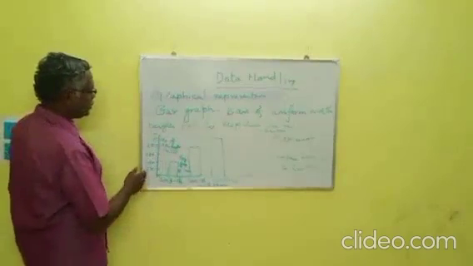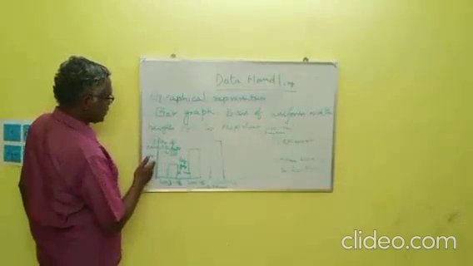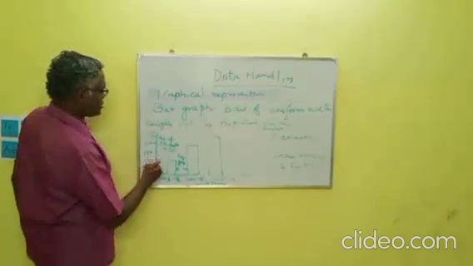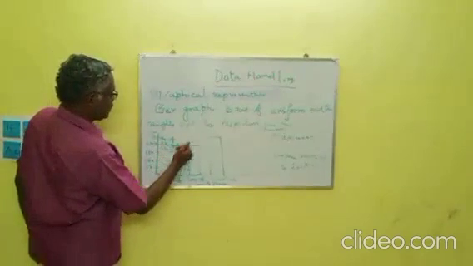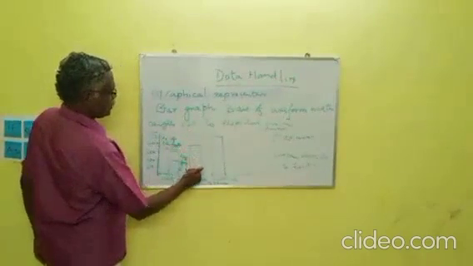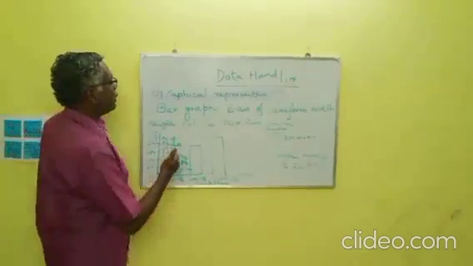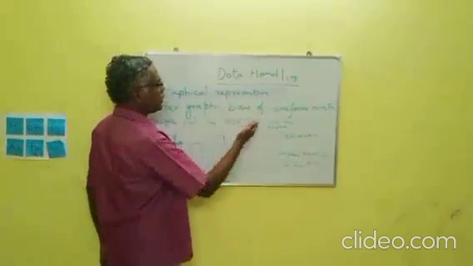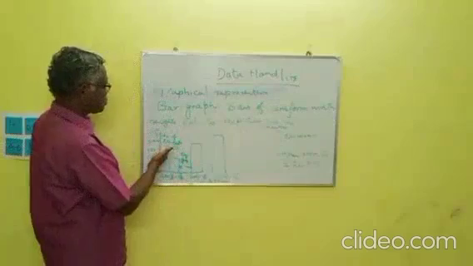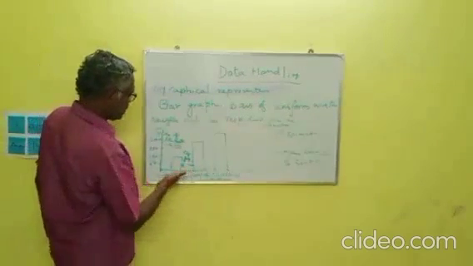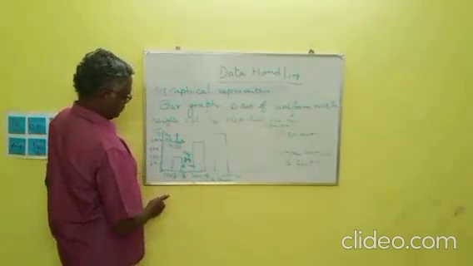We have taken the number of students studying in the 8th standard on the y-axis, and as the number of students increases, the height of the bar will increase. That is proportional to the respective values. The respective values here are the number of students studying in the 8th standard. On the x-axis, we have taken the academic year.